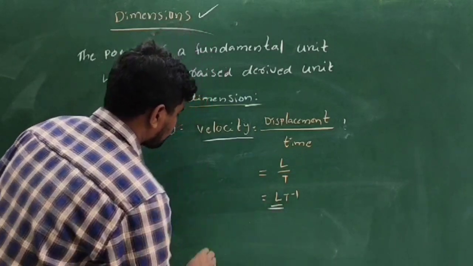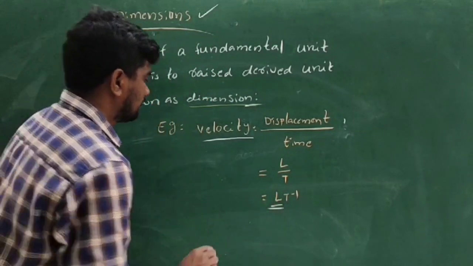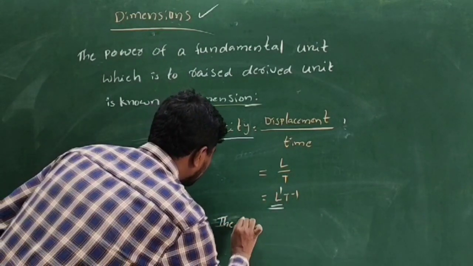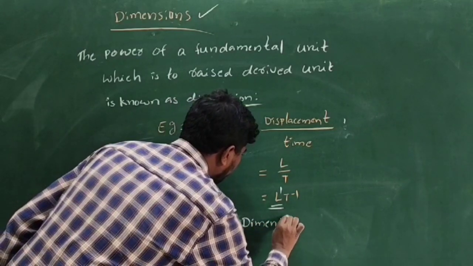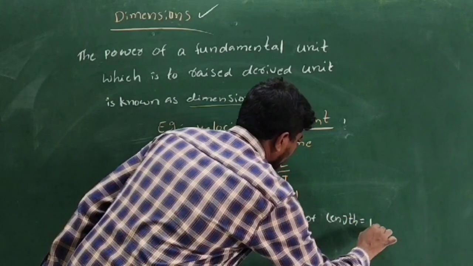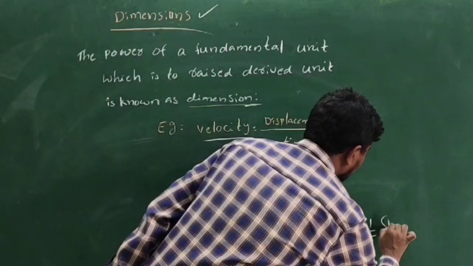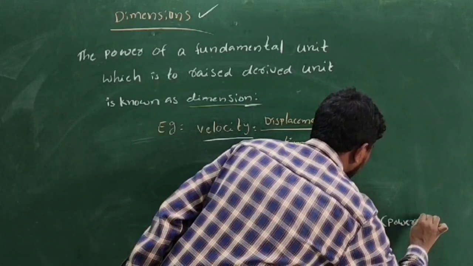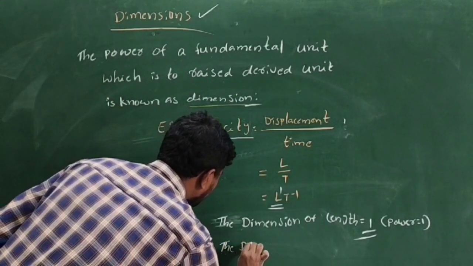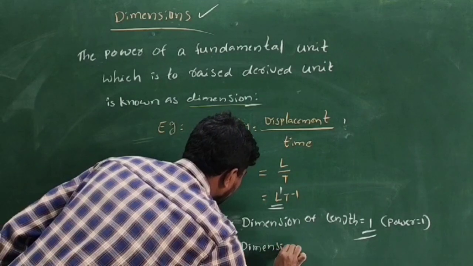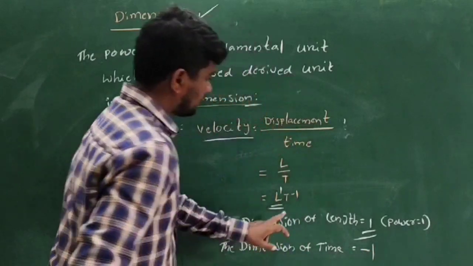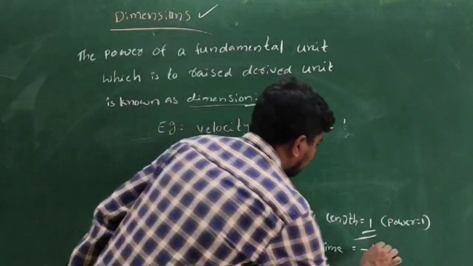First of all, L, the length. L is L to the power of 1. The dimension of length is 1, meaning the power is 1. Second is time. The dimension of time is minus 1, T to the power of minus 1. The power is minus 1.